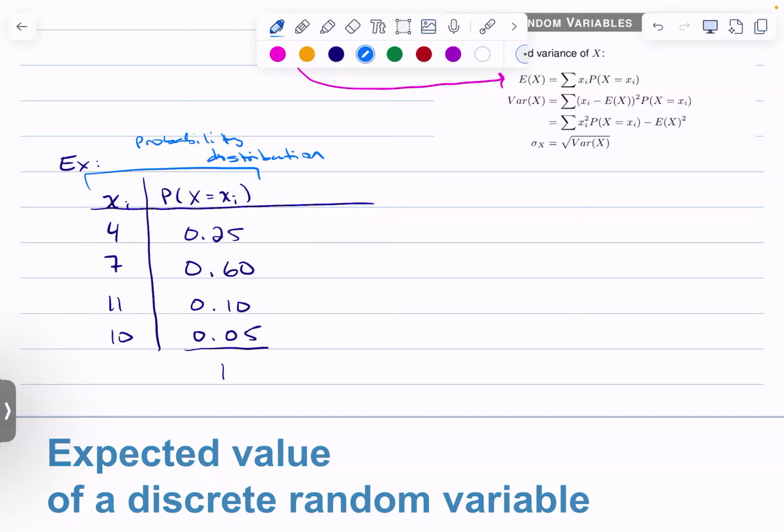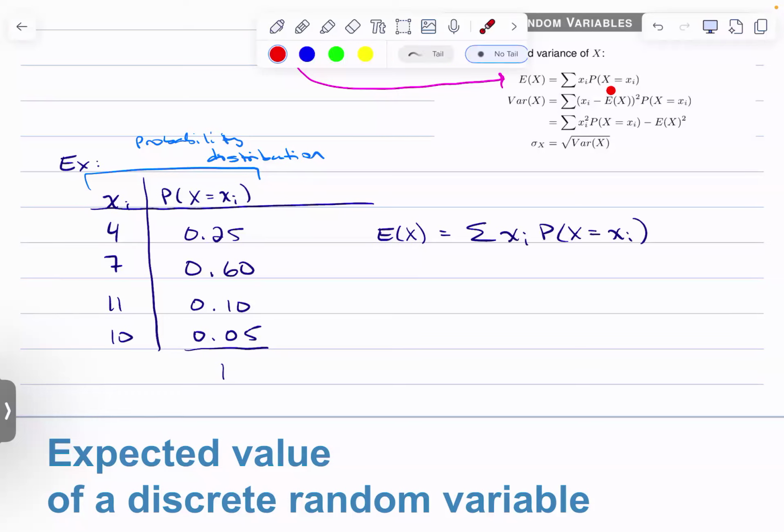If I want to find the expected value of x, then I take each of the x's and multiply it by its probability of happening. Right, the sum of your xi's times the probability that x equals xi.